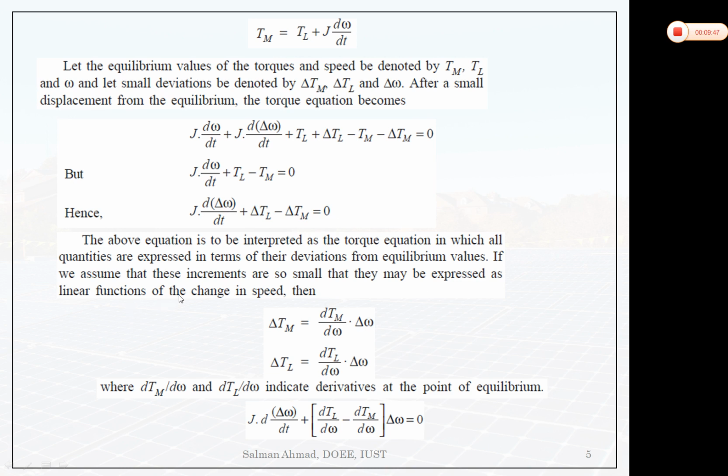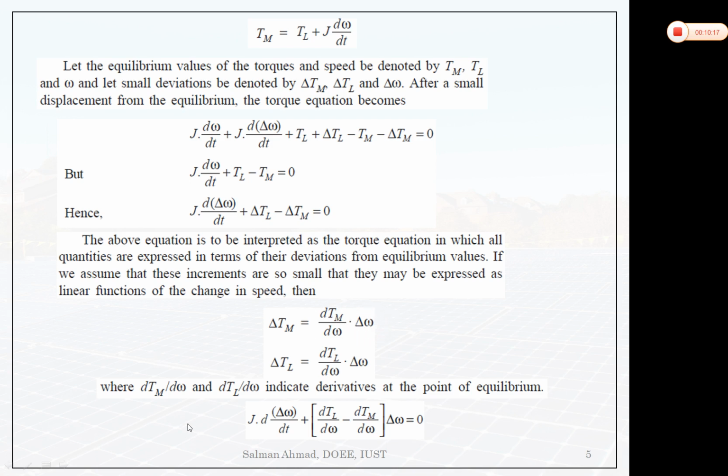If we assume that these increments are so small that they may be expressed as linear functions of the change in speed, then delta Tm we can write as dTm over d omega times delta omega. Similarly, delta TL we can write as the slope at that point times the change in speed.